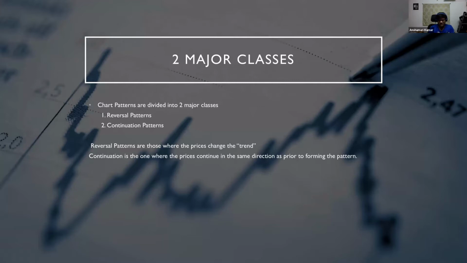One is, let's say the prices are going higher, the reversal pattern will change the trend and make the prices move lower. The second one is the continuation pattern. In a continuation pattern, if the prices have been moving higher prior to the pattern, then the price will continue in the same direction as before.